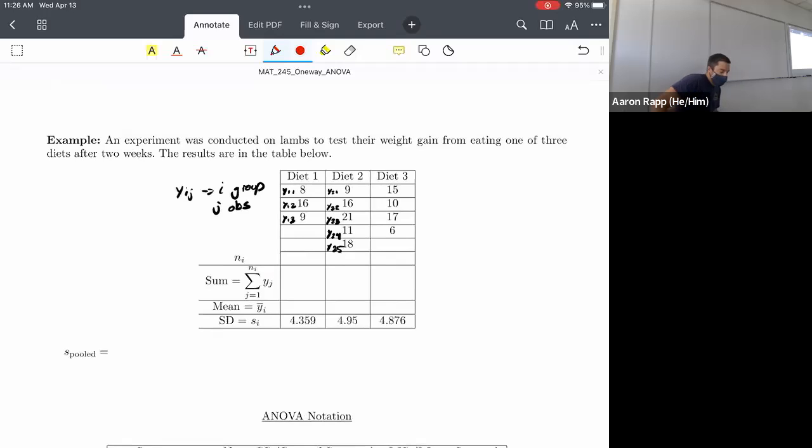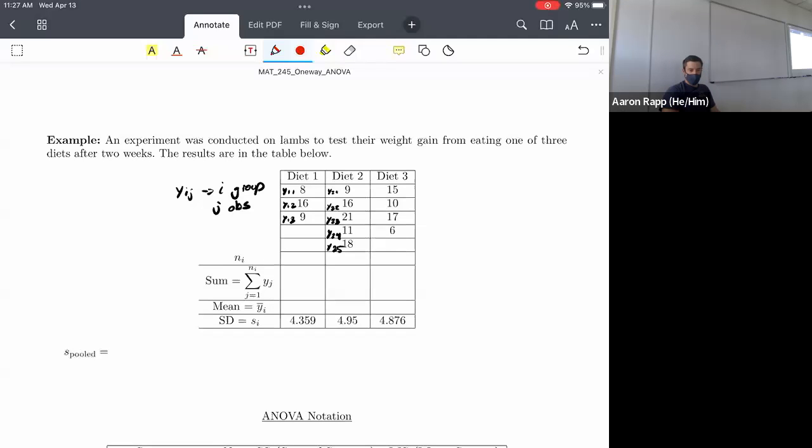So this is a fictitious experiment. The experiment was conducted on lambs to test their weight gain from eating one of 3 diets, and their weight was measured after 2 weeks on this diet. The results for the weight gains for each lamb in the respective diets is down here in this table below. So what I want us to do is just fill in all this information that we need.